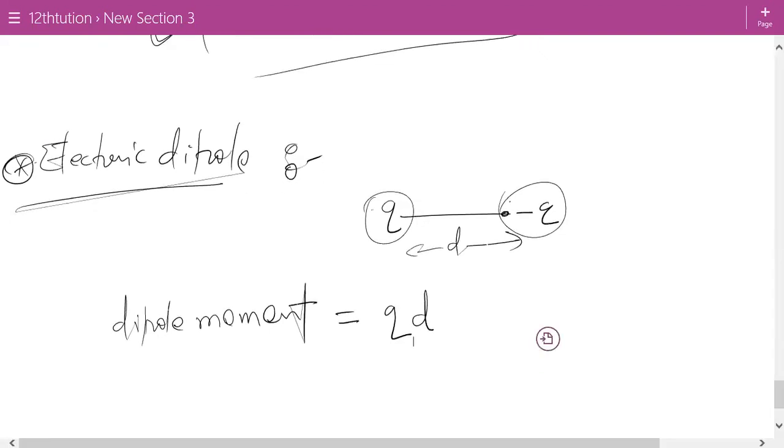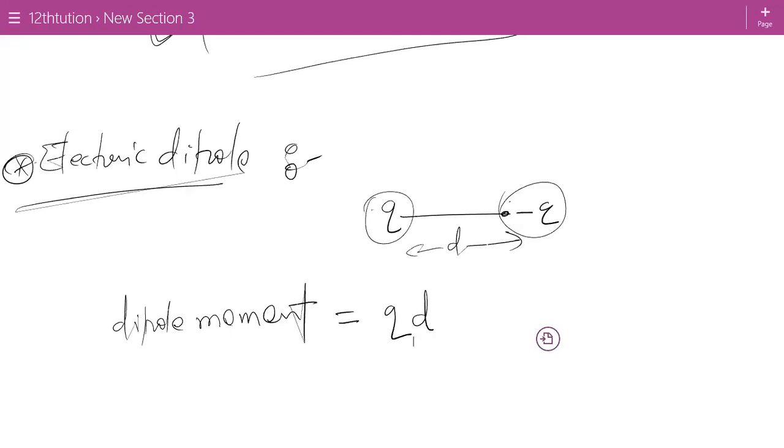Electric dipole moment or electric dipole: two equal and opposite charges separated by some small distance. That will be the electric dipole because it has two poles in it, right? And there is a distance between them.